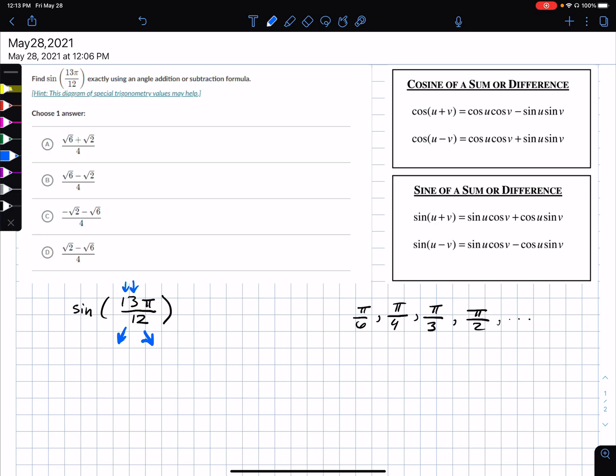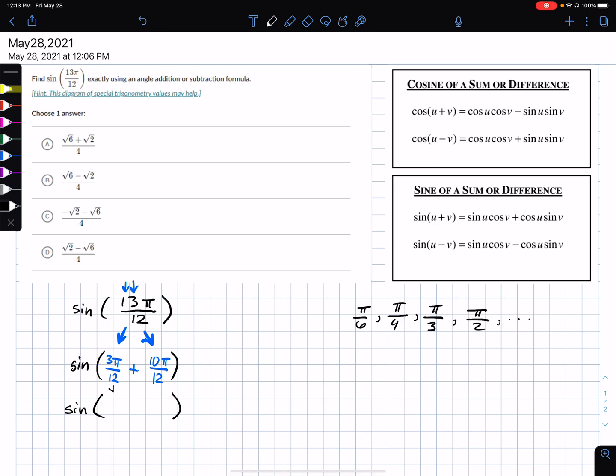So 13 pi twelfths could be thought of as 3 pi twelfths plus 10 pi twelfths. Now there's lots of other ways you could break this up, but I think this is one logical way to start, is to see if you can get just kind of an intuitive breakdown of the number, tens and ones, to end up with a nice reducible fraction of pi.